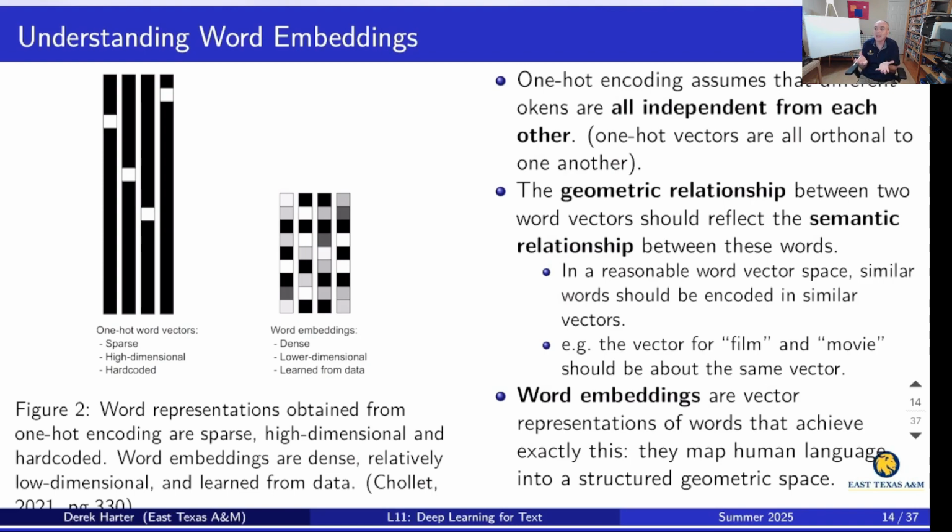Words form a structured space. They're related to each other and share information with each other. Words like movie and film are interchangeable. They should not be completely independent or orthogonal to each other. There should be some similarity in the vector that represents those words, not just a 1 for the index for film and a 1 for the index for movie.